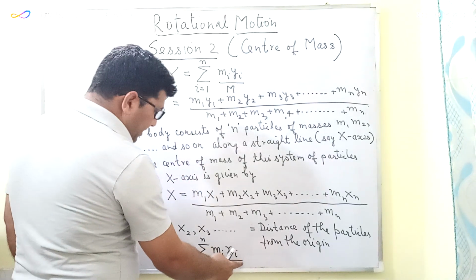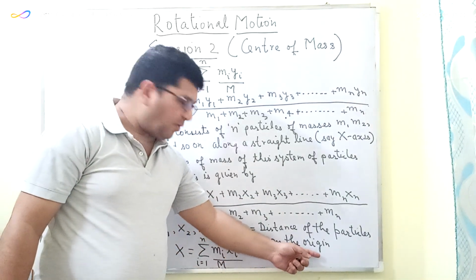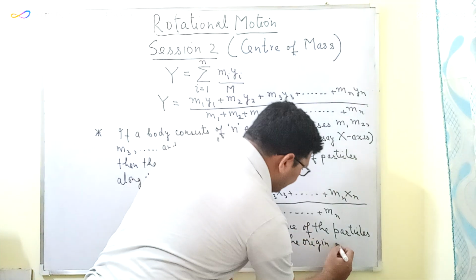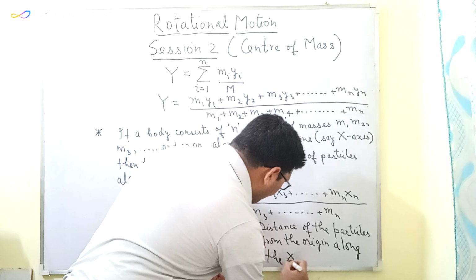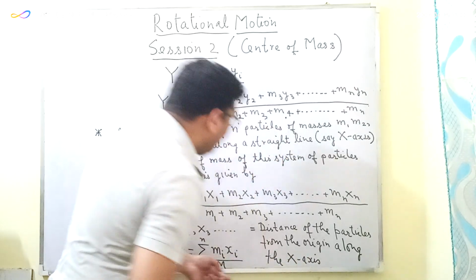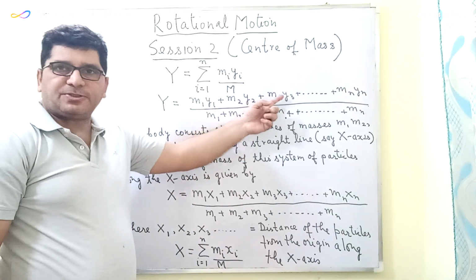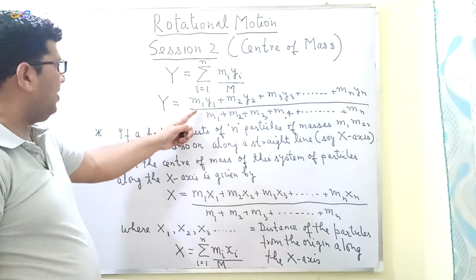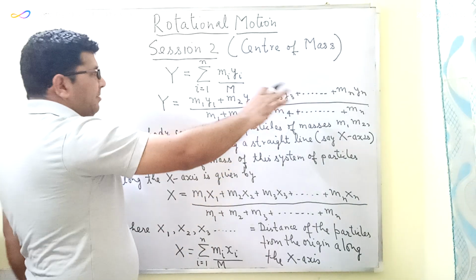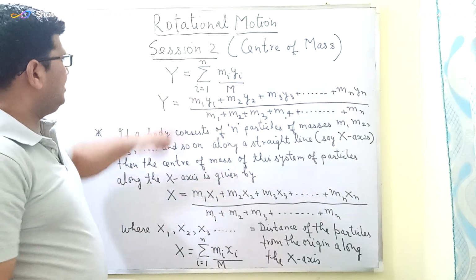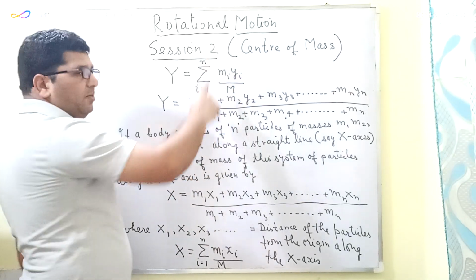Here xi, that is x1, x2 and x3, were the distances of the particles from the origin along the x-axis. And in this case, the center of mass of this system of n particles is equal to m1y1 plus m2y2 and so on, divided by m1 plus m2 plus m3 up to mn, and this can also be written as the summation of mi yi divided by m, where i is from 1 to n.